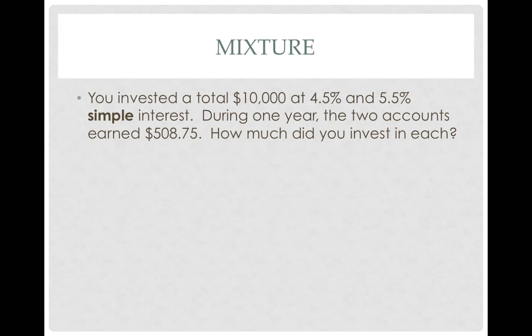Now, our variable in this case is the amount in each account, but we can't have two variables. So if we have account A and account B, if I put X dollars in account A, I would have $10,000 minus that X in account B.